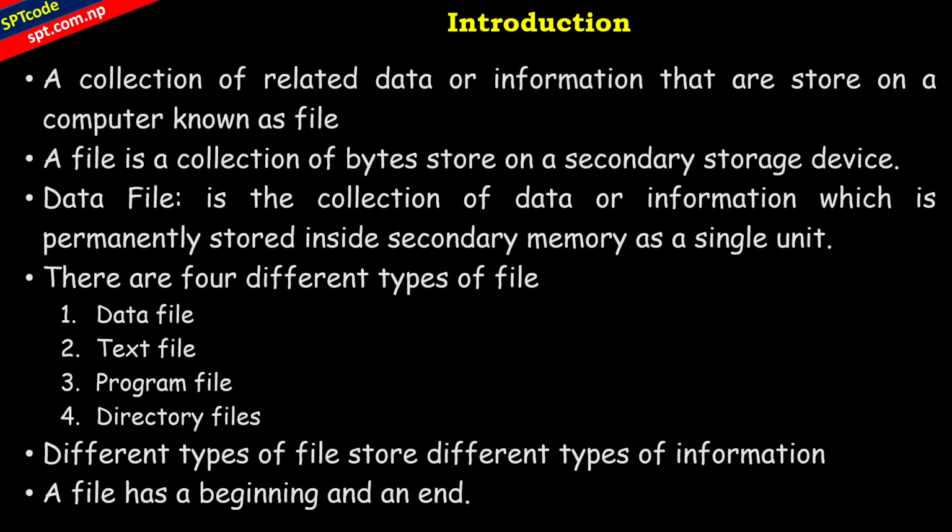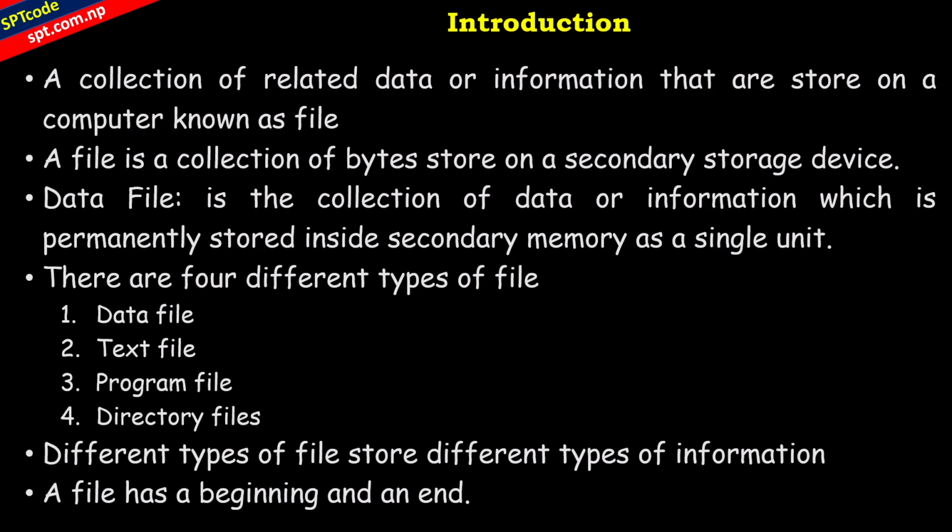So let's talk about what is a file. A file is a collection of related data or information that is stored on a computer with a particular name, so that we can easily find and retrieve it. A data file is a collection of related information permanently stored inside the secondary memory as a single unit with a particular name.